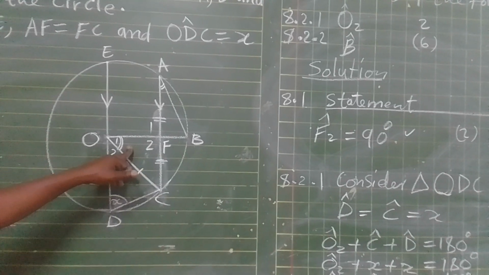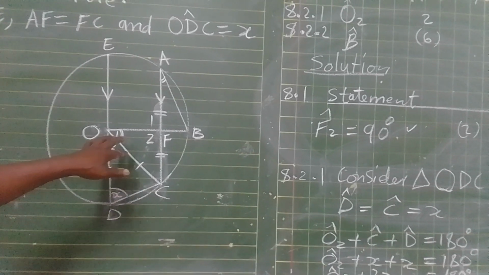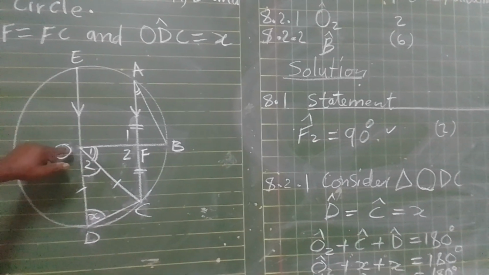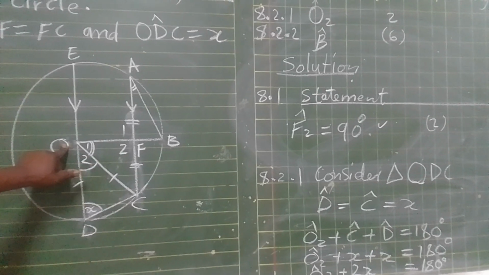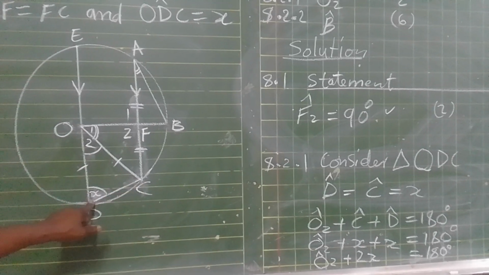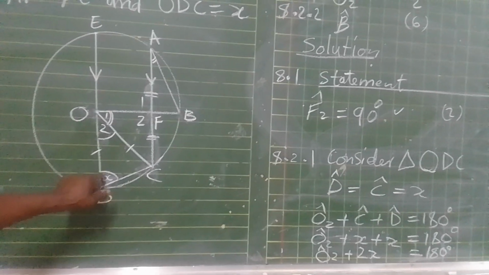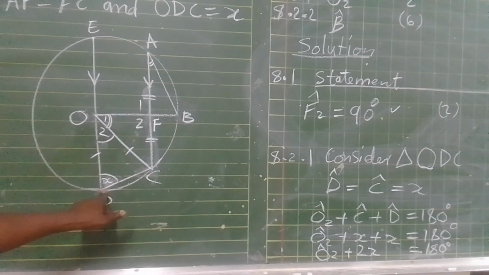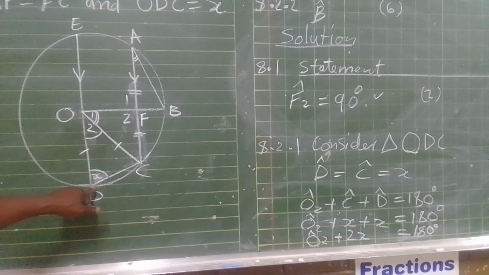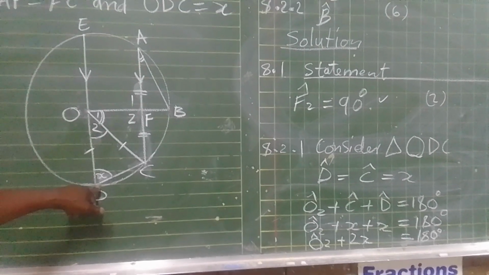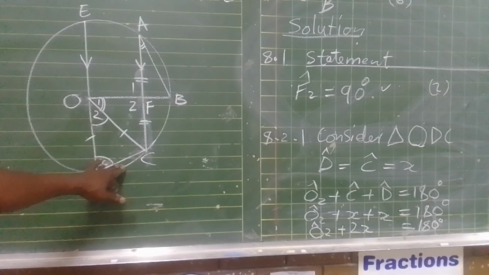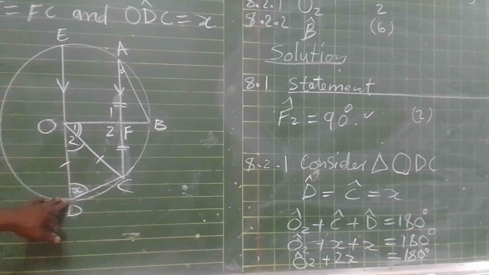Before we start to look at O1, we know that in triangle ODC here, C is equal to D. We have proven that, and C is X, D is X. Then O2 plus D plus C must be equal to 180 degrees. We have done that as well. Now we want to see DOF.